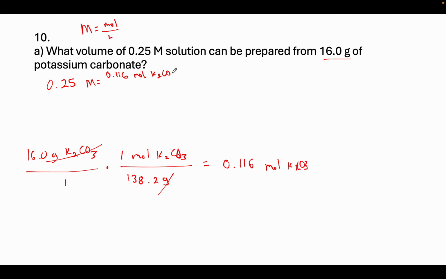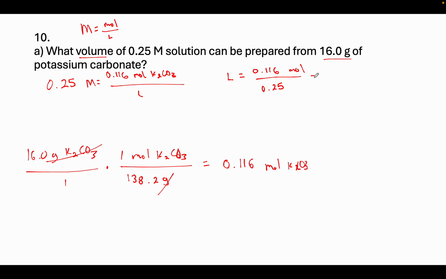Now they are asking us for volume, which is going to be our liters, and we can rewrite this little equation so that we can find the liters. So L is going to equal 0.116 mole of potassium carbonate over 0.25.